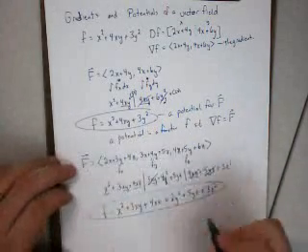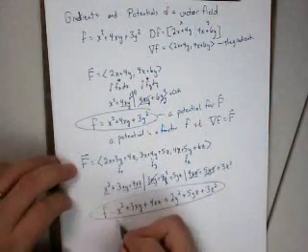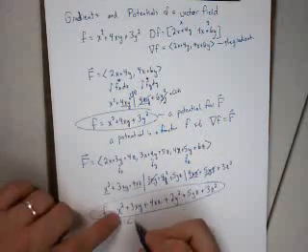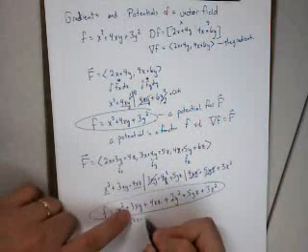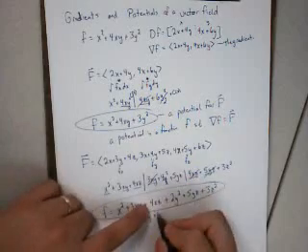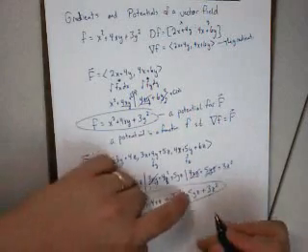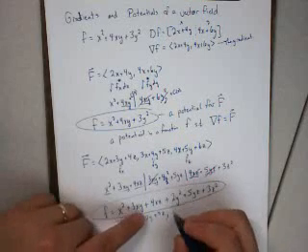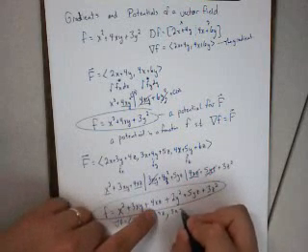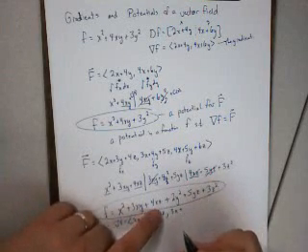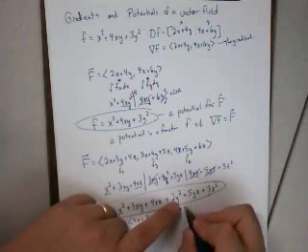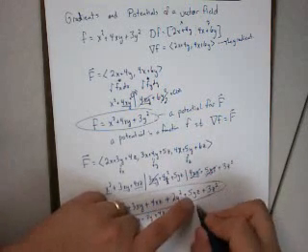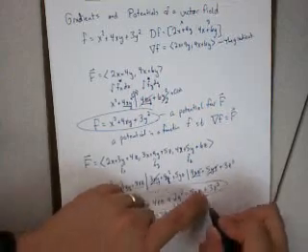This function, what is its gradient? Well, if I calculate the gradient, its first component is 2x plus 3y plus 4z plus 0 plus 0 plus 0. If I take the derivative with respect to y, then I get 0 plus 3x plus 4y plus 5z plus 0.